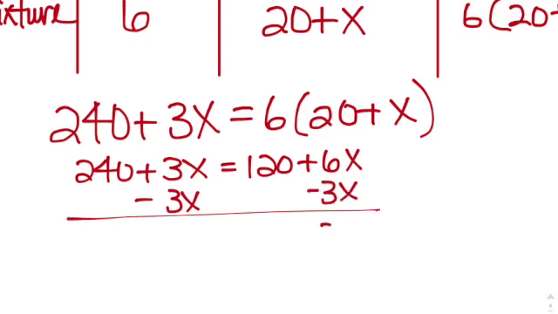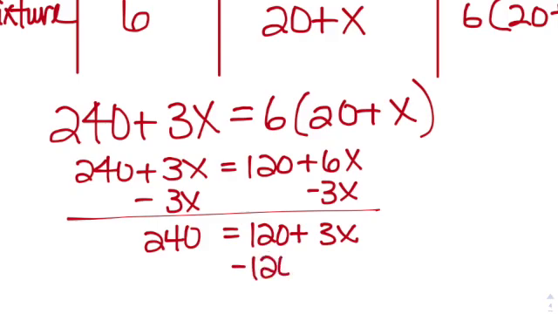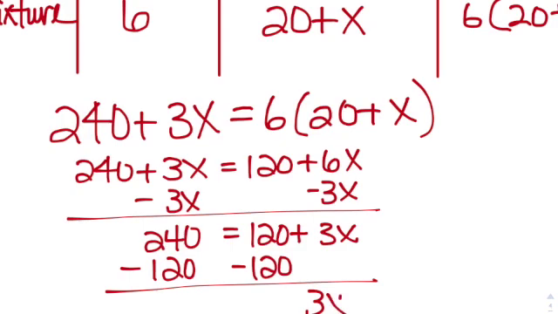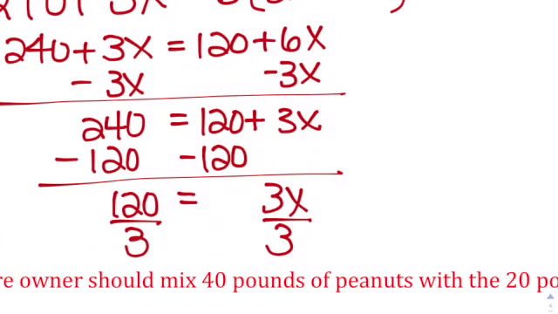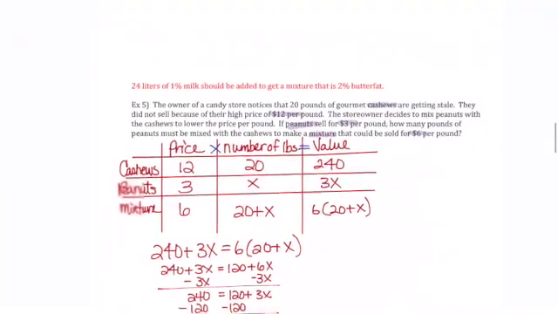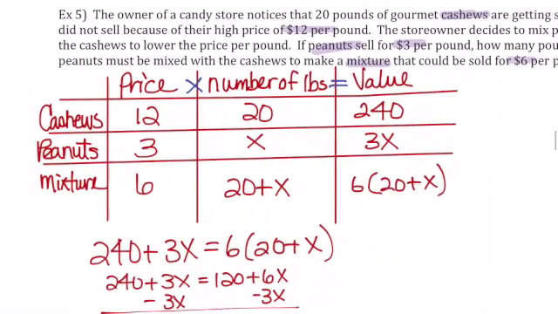And you should have 3X plus 240 equals 120 plus... and then minus 120 on both sides. You will have 3X equals 120 and divide by 3. Your X should be 40. So they need 40 pounds of peanuts, because X is where the peanuts are.